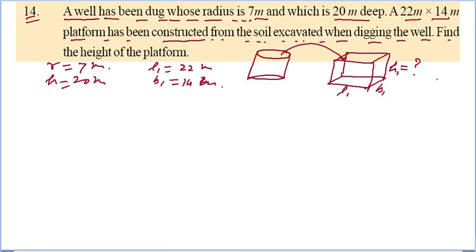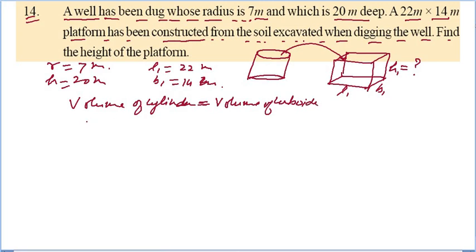Now we have to find H1. The volume of cylinder is equal to the volume of cuboid. The formula is pi R square H equals L1 B1 H1. Now put the values: 22 upon 7, R is 7 into 7, and H is 20.